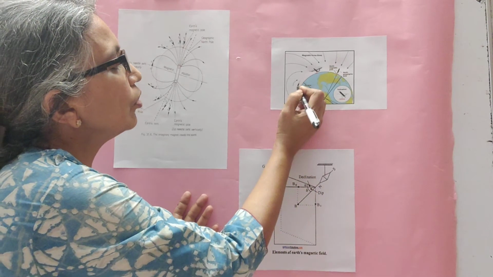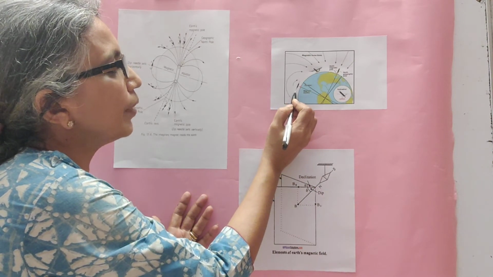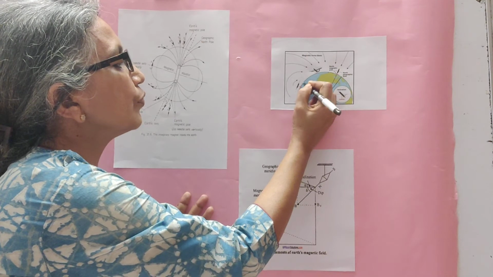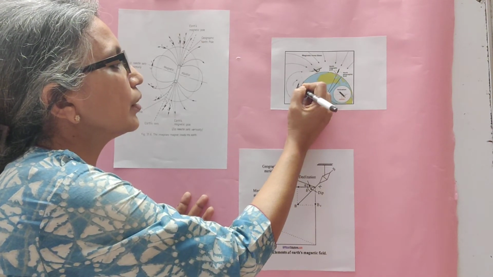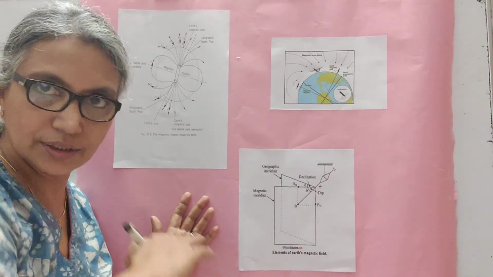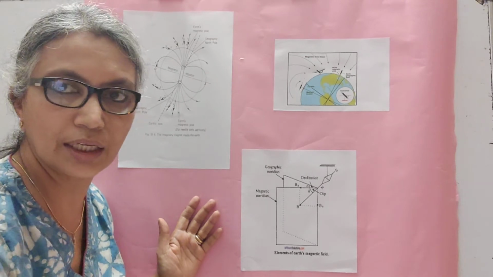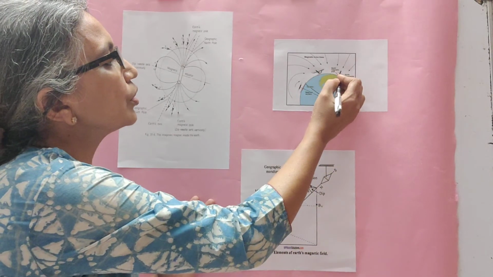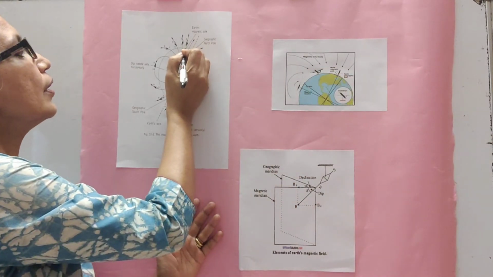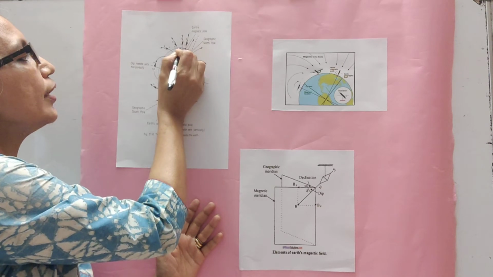Now look at this one. Here the magnetic needle is in this direction. If you draw a tangent to the surface of the earth, you will see that the magnetic needle is lying horizontal, parallel to the surface of the earth. So the angle of dip is 0 at the equator. But if you reach the magnetic north pole, look at this diagram. This is the surface of the earth, and this is a tangent on the surface.